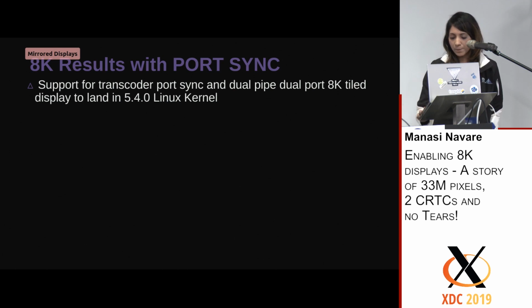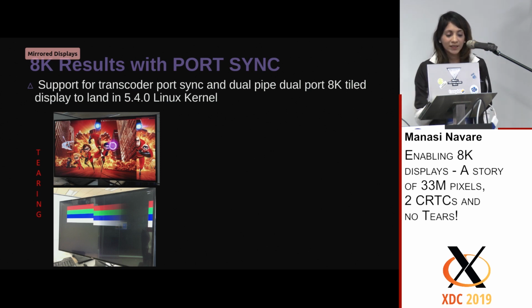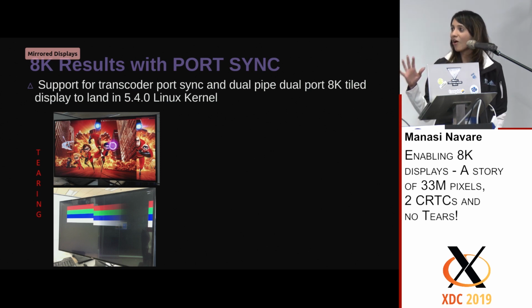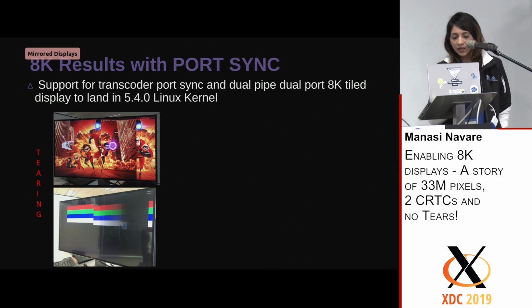So, results. Because I couldn't carry my 8K monitor here, I just have pictures, but these are pictures taken on the Dell 8K monitor that I have in my cube. This is what I was seeing when I started this project, and I would see a lot of tearing even with a simple RGB pattern.